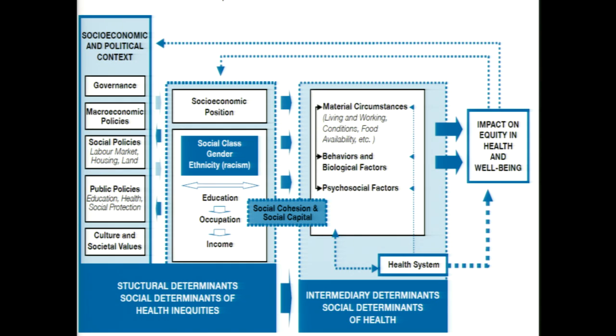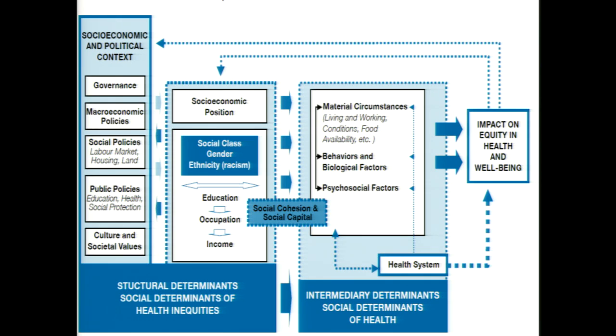And this is their conceptual framework for what the determinants of health are, okay? So if we think about health and well-being in a population or health equity, there are these intermediary determinants, and these intermediary social determinants of health are things that I'd say 90% of the literature deals with, right? They're medical circumstances, behaviors, smoking, physical activity, biological factors, psychosocial factors.